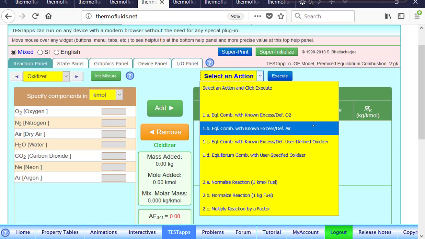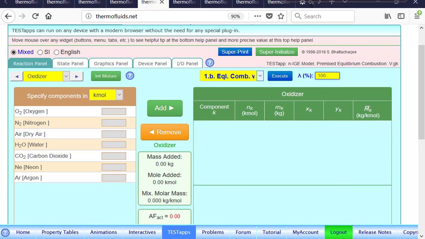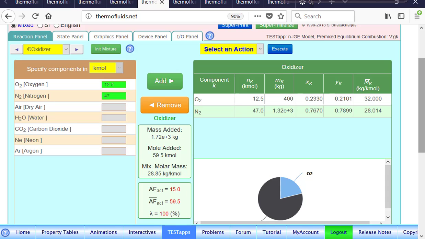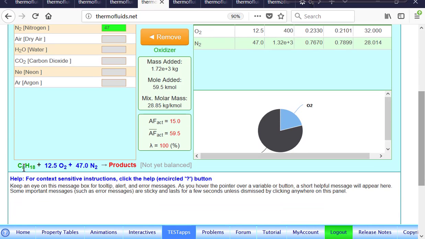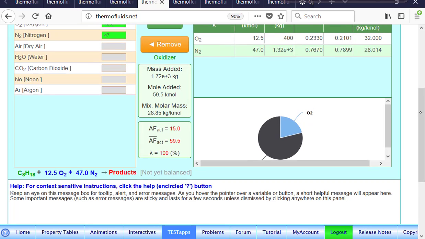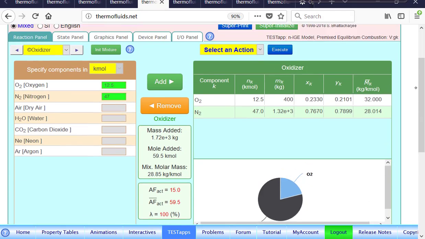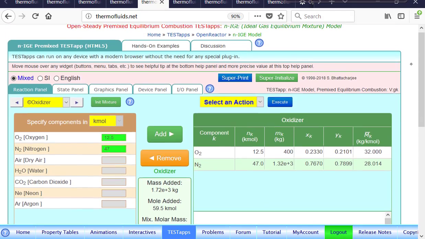So we'll just click here, and let's say it's theoretical air. So that's 100%. So this is the reactants. So we now know the reactants is octane burning with a theoretical amount of air and producing products that we don't know yet. The air fuel ratio is 15 kg of air needed for 1 kg of gasoline.